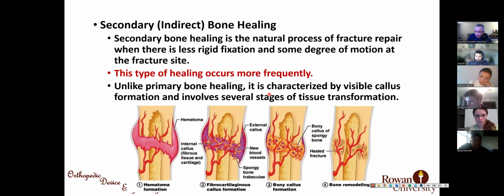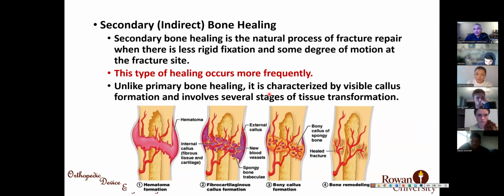But again, gap healing is also very slow, even slower than the contact healing. And it is not good for us. So we need another type of healing that is faster. That is why we changed our fixation method from DCP to nailing or to locking plates, which provide more strain, between 2% to 10%.